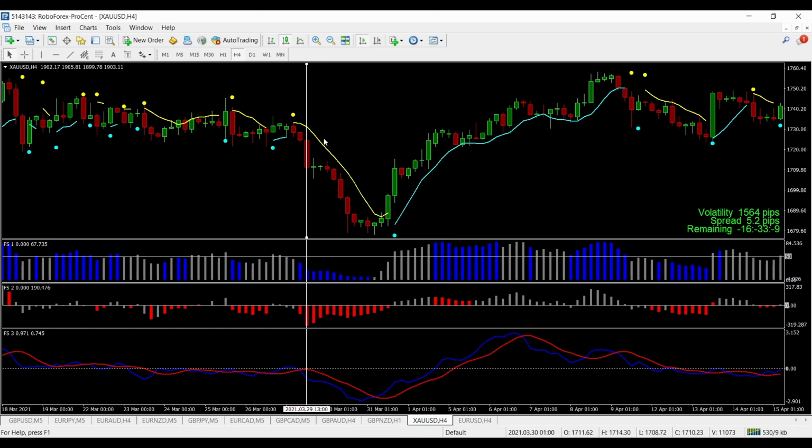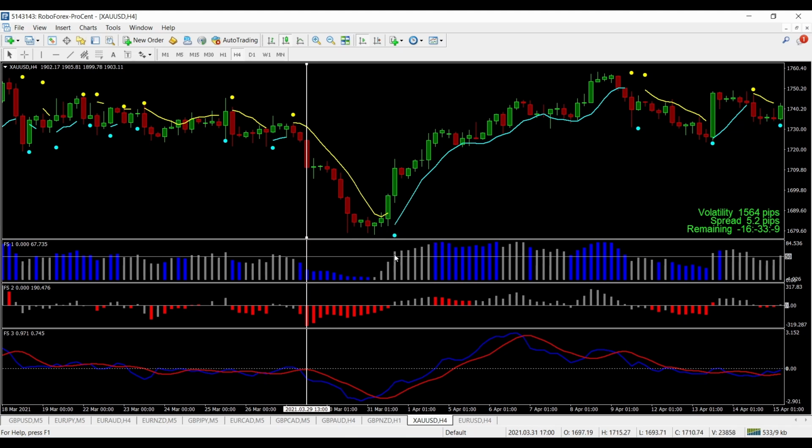But just in case, if you decide to trail your stop loss, let's say using, for example, it's up to you, but using our FS dots line, we will have a possible exit somewhere over here when this candle closes above the line, as you can see.